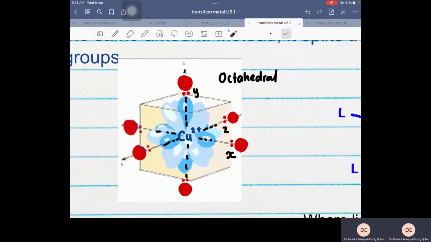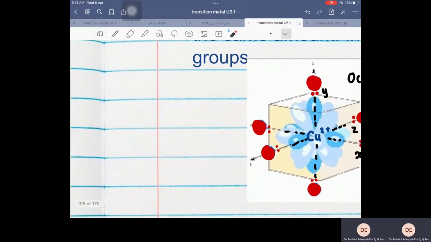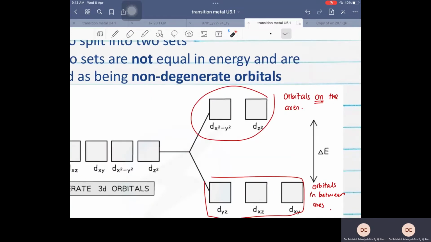So this brings back to our idea of the orbitals that sit on the axis. They line up with the ligands on the axis, therefore they feel the most repulsion, hence higher energy.